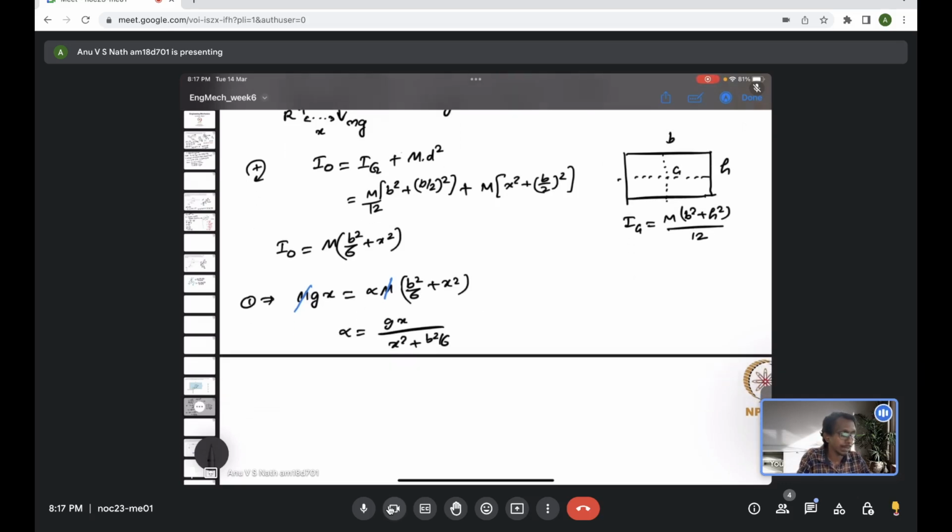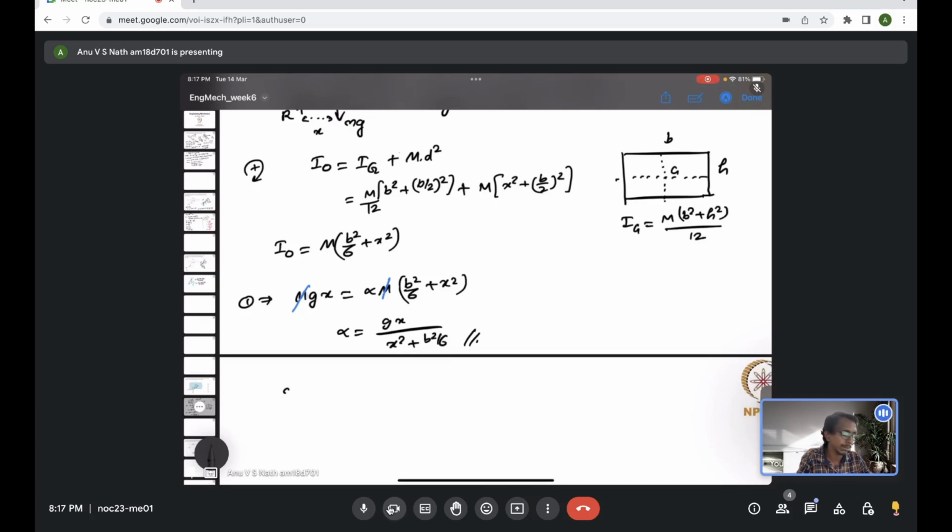Now we have to find the x values in terms of b for which this acceleration alpha will be maximum. For that we just do the calculus thing. d alpha by dx should be 0 for finding the extremum values, right?